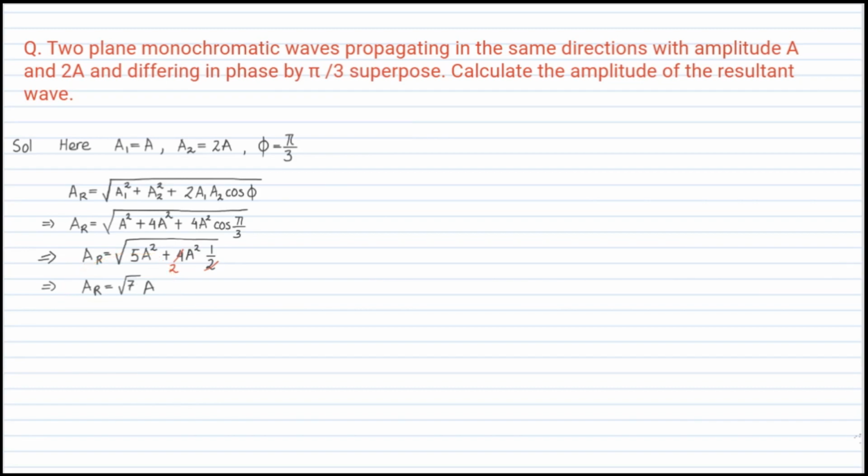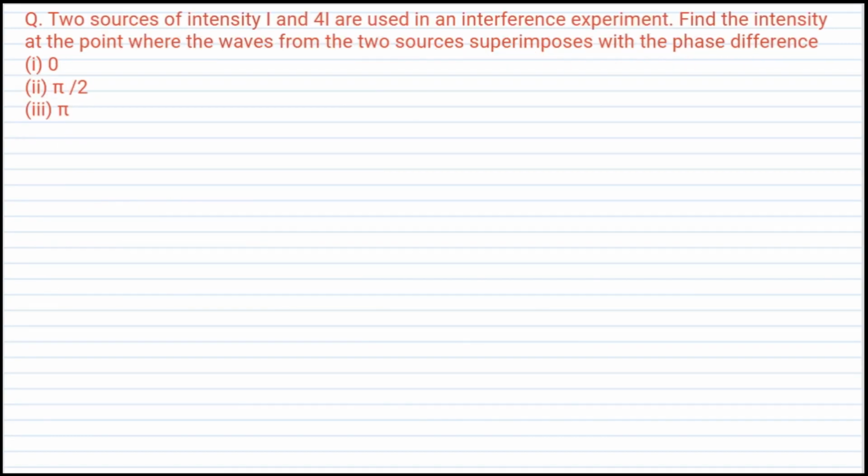Now let's move to our next question. Now in our next question, two sources of intensity I and 4I are used in an interference experiment. Find the intensity at the point where the waves from the two sources superimpose with a phase difference of 0, pi by 2 and pi.